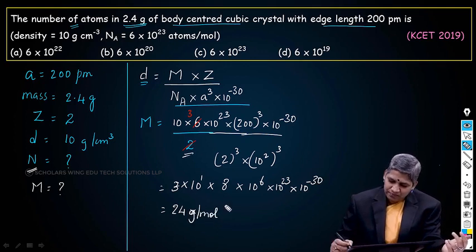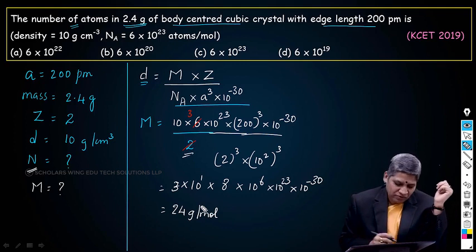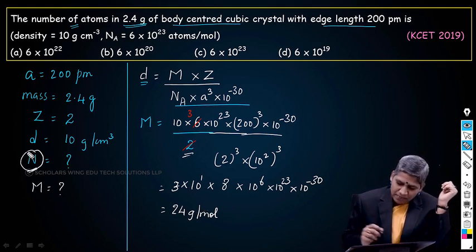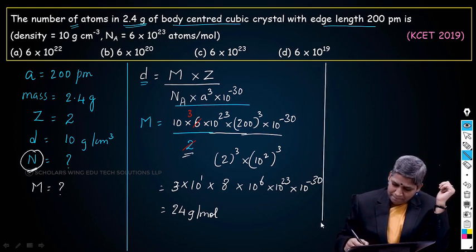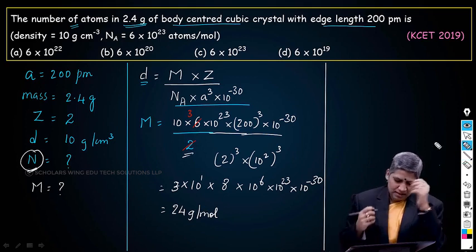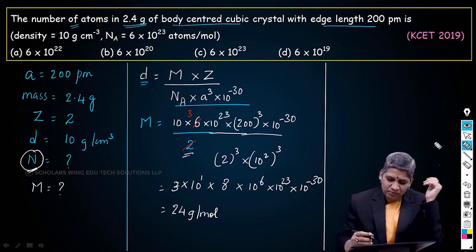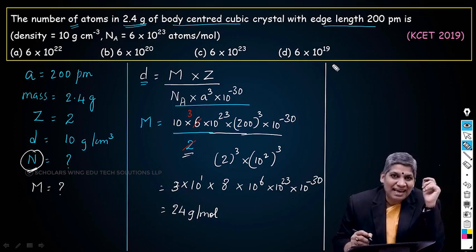Let me write neatly for you, 24 gram per mole. That is gram molecular mass. But from gram molecular mass, how can we find the N now? The next step is N. As per definition, 1 gram molecular mass, that is GMM, contains how much?